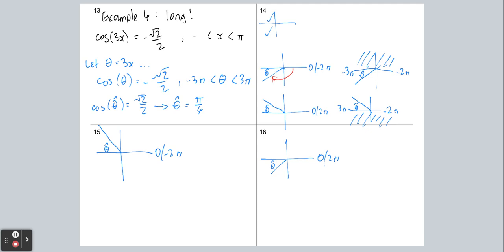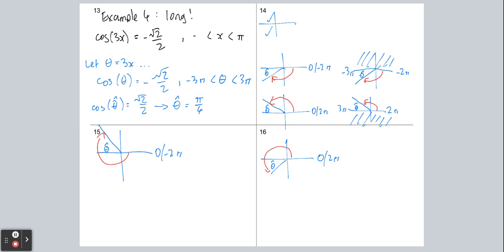And then I've got this angle here, and this angle here. Then I've got this angle here, now going in the positive direction, this angle here in a positive direction, and this angle here in a positive direction. Putting in those arcs with the arrows on them helps me make it really clear where I'm going with these problems.